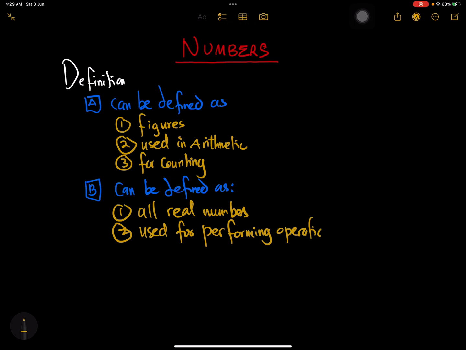And then three, in arithmetic. I hope this definition helps concerning what numbers are. They can be defined as figures used in arithmetic for counting, or they are all real numbers used for performing operations in arithmetic.